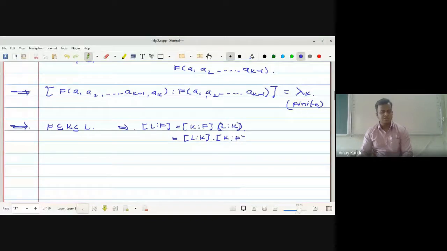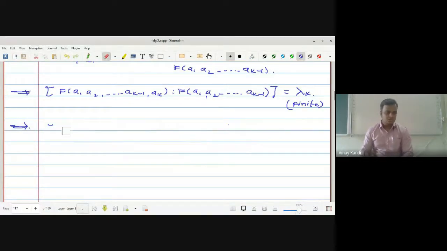So use that transitivity here. We get the degree of F of A1, A2 up to so on AN over the field F is equal to the degree of F of A1, A2 up to so on AN over F of A1, A2 up to so on AN minus 1.